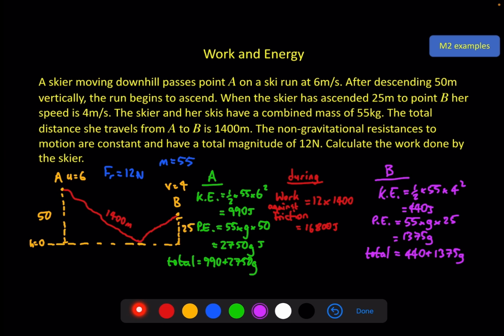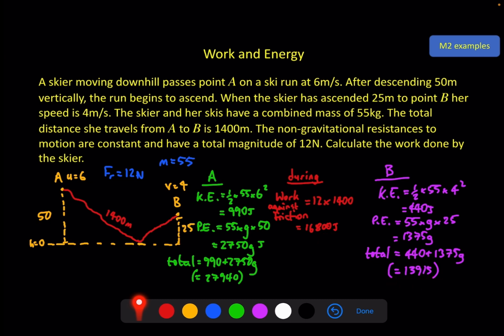And if I very quickly put these numbers in with a 9.8, this is 13,915. This one over here is 27,940. And you can see that if you take this number and subtract 16,800 joules, you do not get this number here.